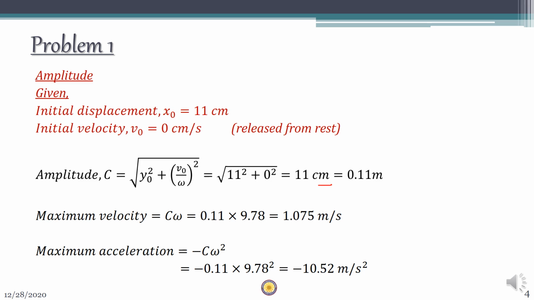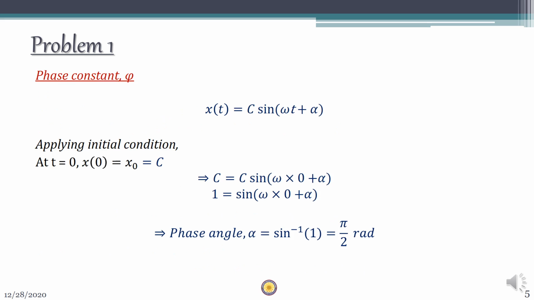Maximum velocity is given by c into omega, so 0.11 meter multiplied by 9.78. We have maximum velocity as 1.075 meter per second. Maximum acceleration will be given as minus c into omega square, so minus 0.11 multiplied by omega square. We have maximum acceleration as minus 10.52 meter per second square.